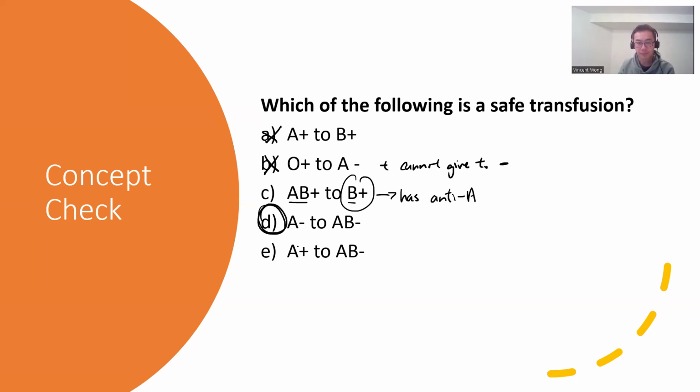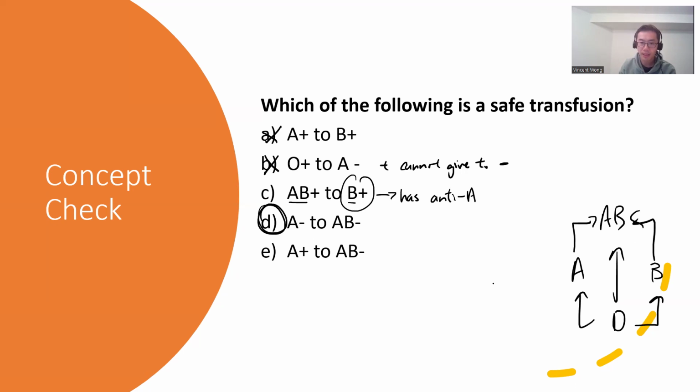This is safe. Right? Think of the chart. A can give to AB. And negative can give to negative. That's safe. Last one. A can give to AB, but positive cannot give to negative. So the correct answer is just D. Okay, a lot of people get this one wrong.